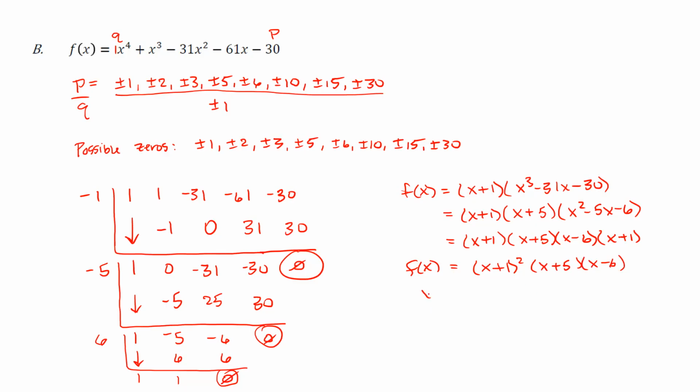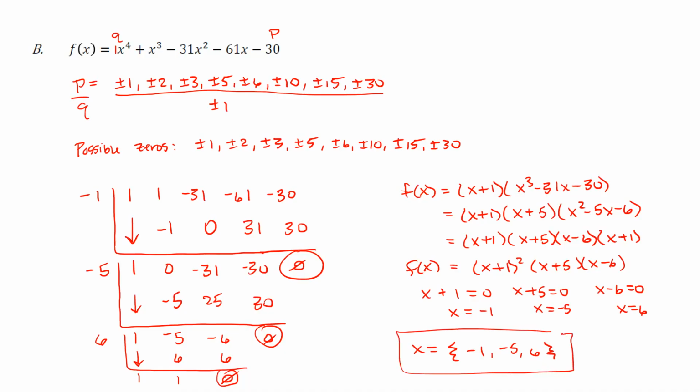So setting each of these linear factors to 0, we get x equals -1, x equals -5, and x equals 6. So the actual zeros of f of x are -1, -5, and 6.